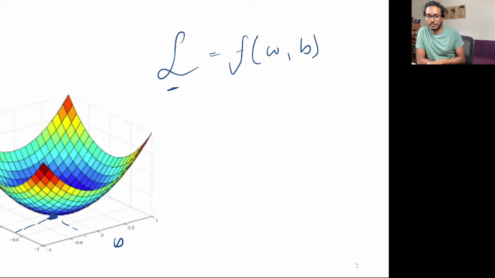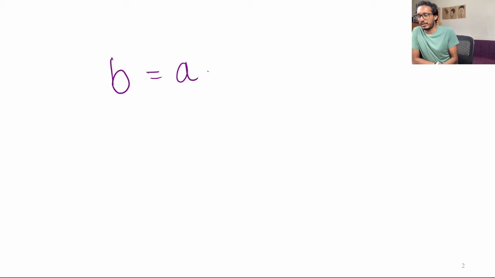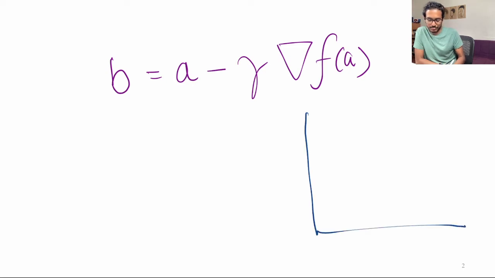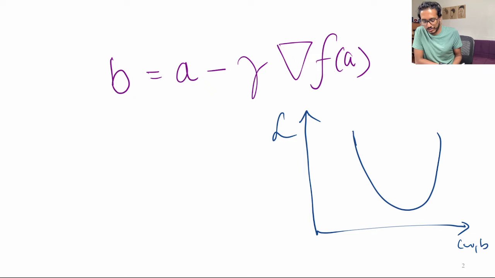So how do we do this? For this, let us consider this equation: b equals a minus gamma del F a. So what does this equation mean? Let's take a simple scenario. We have our loss here, and we have W and B here.